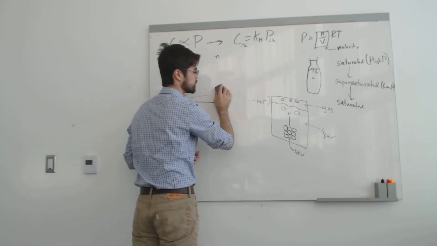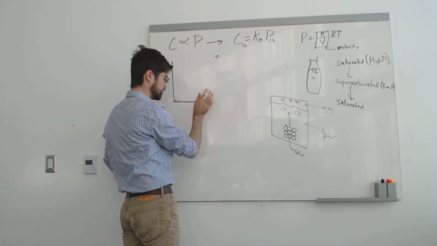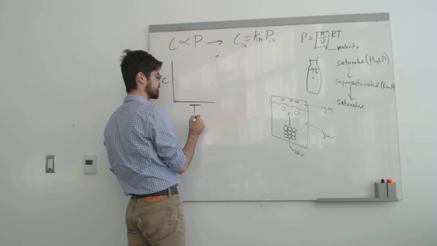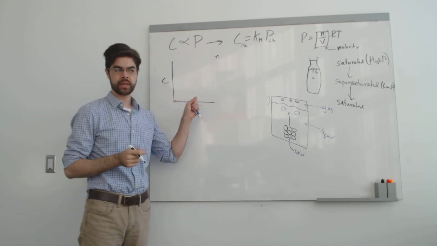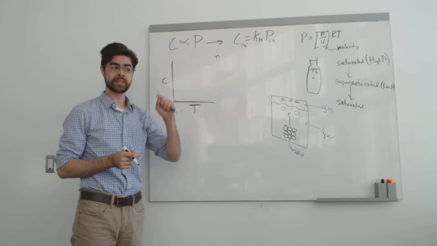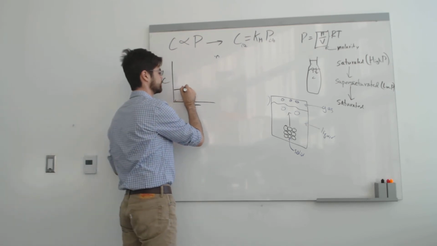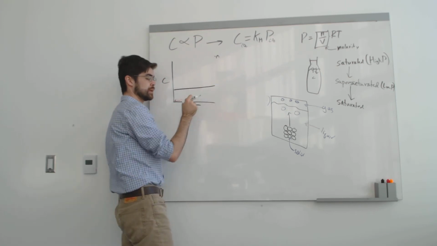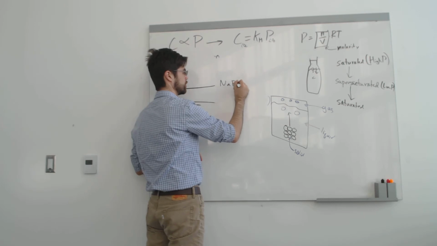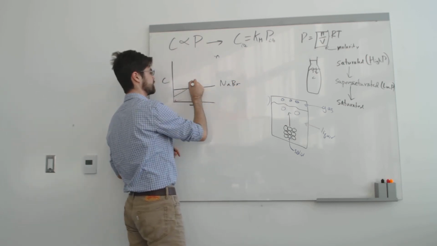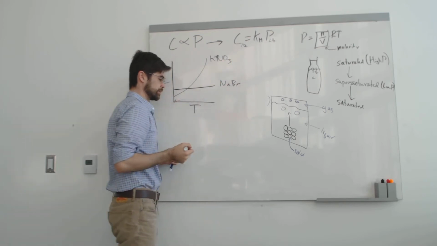To make a supersaturated solution, you have to change the temperature of the solution, or rather change the solubility of the solution. So this might be the solubility of sodium bromide. This might be the solubility of something like potassium nitrate.